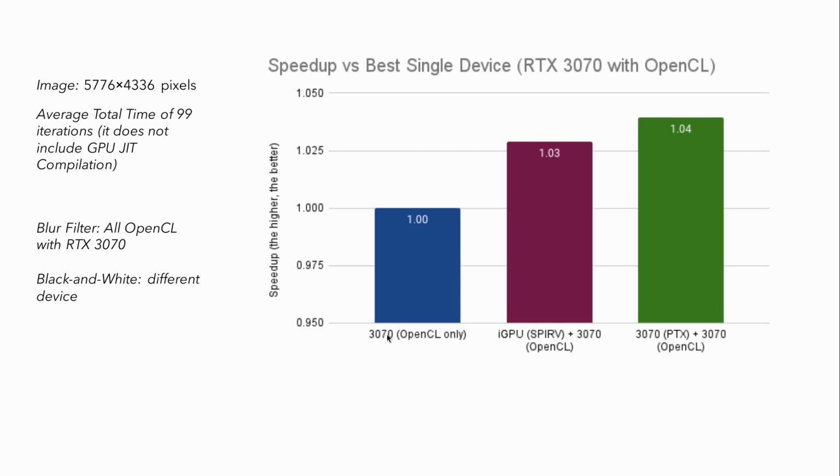And I'm trying to beat this combination. If I process the black and white with the integrated GPU, the first experiment we did just now, I get 3% faster. If I process the black and white with the PTX backend instead, I get 4% faster, 4 point something actually. So that's great.